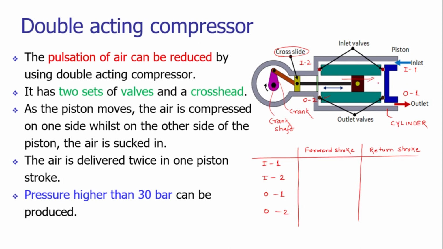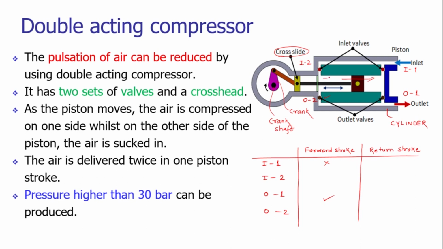When the piston is pushing the fluid, inlet valve 1 will be closed. I'm just writing here closed, and the outlet valve is open. But during this forward stroke, there is a creation of vacuum at the back side of the piston, at this side of the piston.